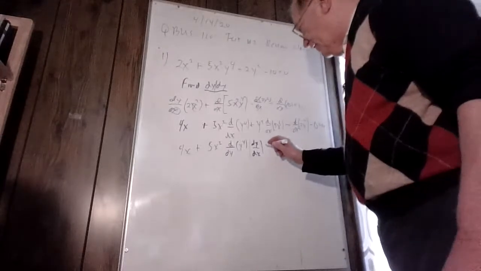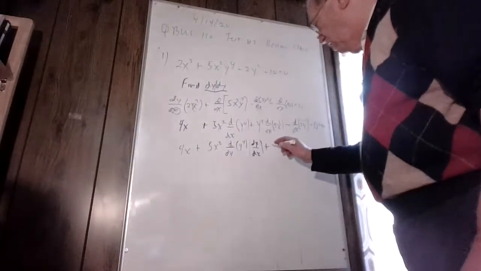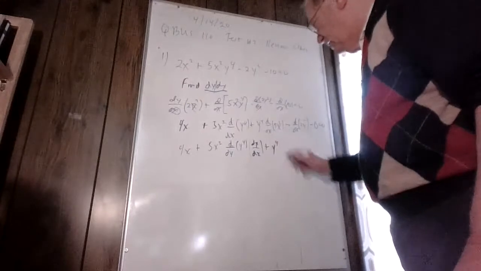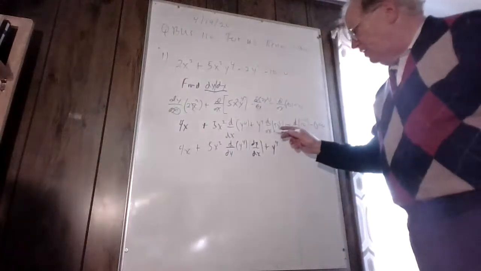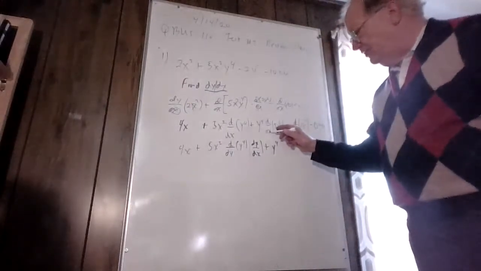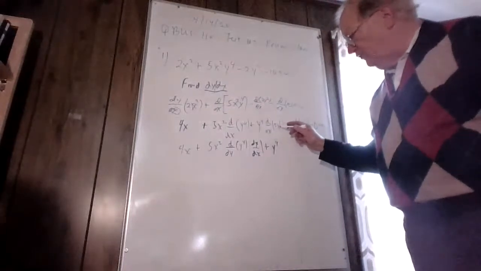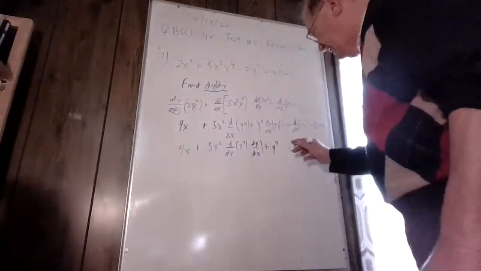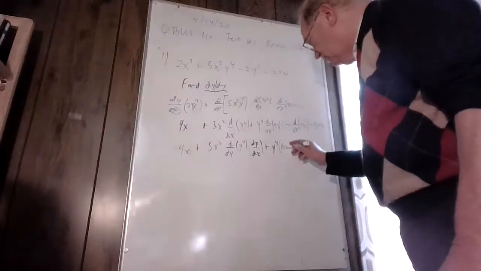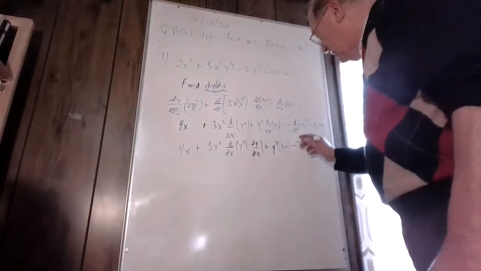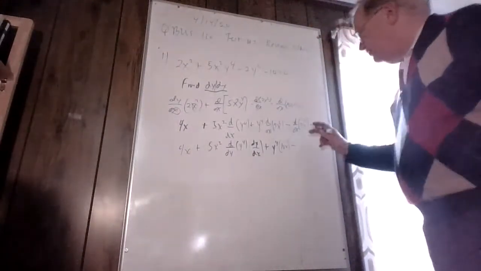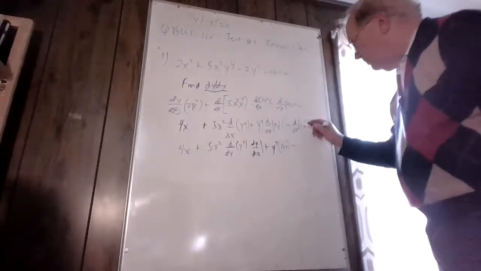So let's look at the next part of this. Y to the fourth is okay. The derivative of 5x squared with respect to x is fine because I'm taking a derivative of x with respect to a function of x. That's going to be 10x minus the derivative of 2y squared with respect to x.